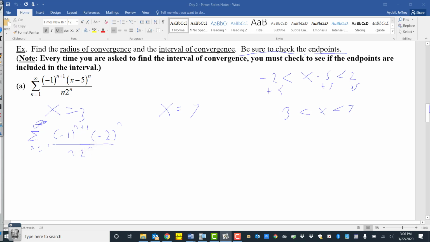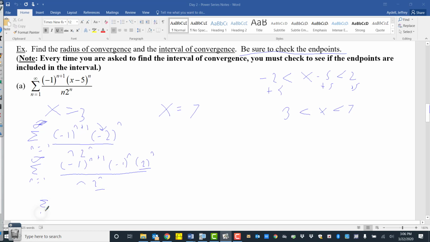And when we look at this, this can simplify pretty easily. We have the sum from n equals 1 to infinity of, well, we pull out this negative 1 to the n here, because that's just a negative 1 in there, and we have negative 1 to the n plus 1 times negative 1 to the n times 2 to the n over n times 2 to the n. And look at these two right there. Two little 2 to the n's that'll both cancel out.